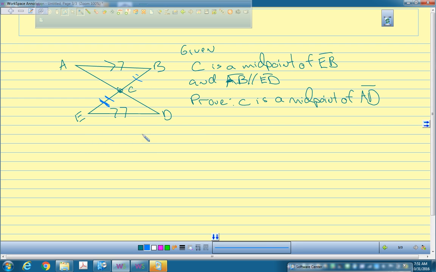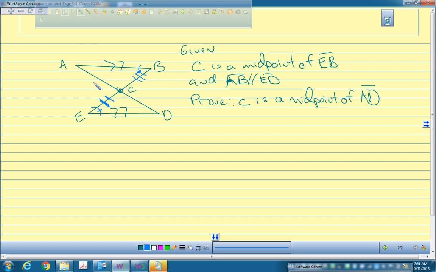Yes? Okay? You're given that AB is parallel to ED. So what does that tell you? James? There's alternate interior angles. Right, so you could use these alternate interior angles, this one and this one.